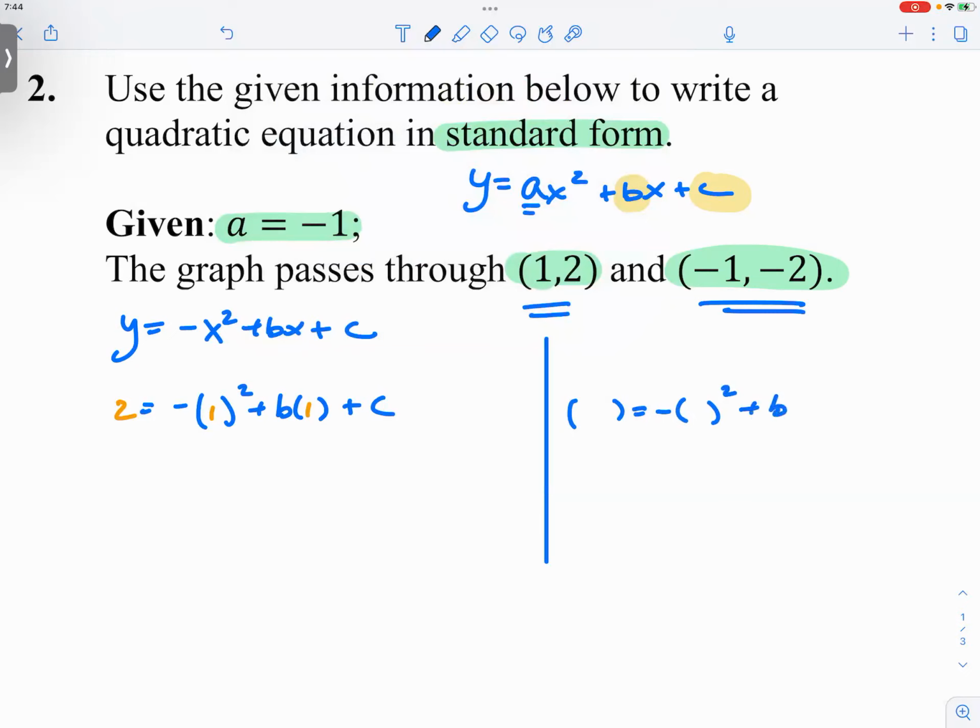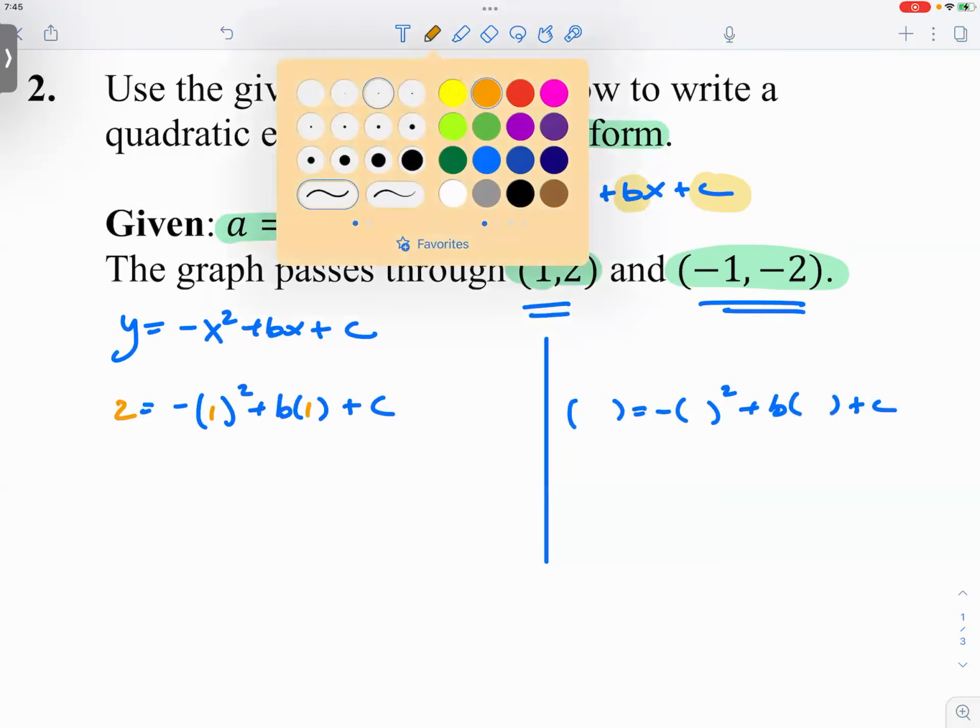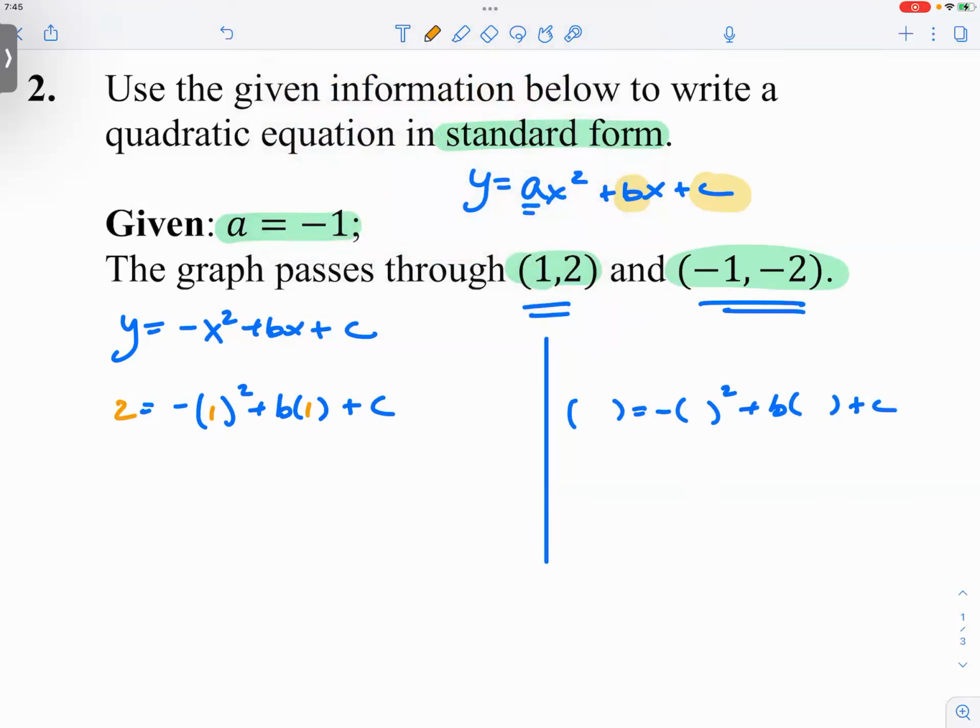Now you can see the way I set up my equations here. I use parentheses, especially since there's a square on the outside for the x squared. This allows me to focus on the substitution without being distracted by anything else, which would be great.